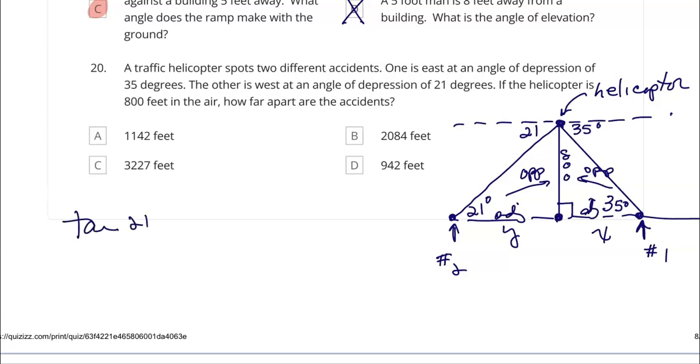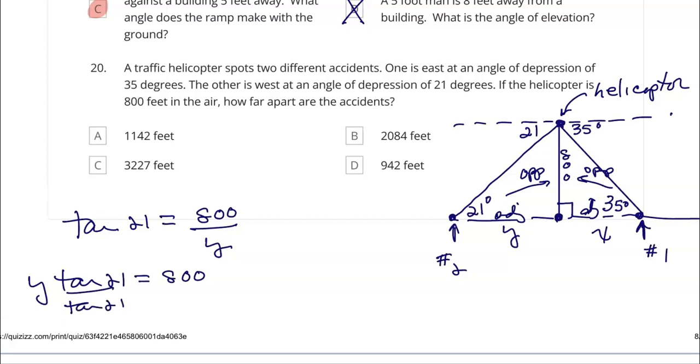The tan of 21 equals 800 over y. So it's a two-step problem. Divide by tan 21. So y is going to equal 2084.1.